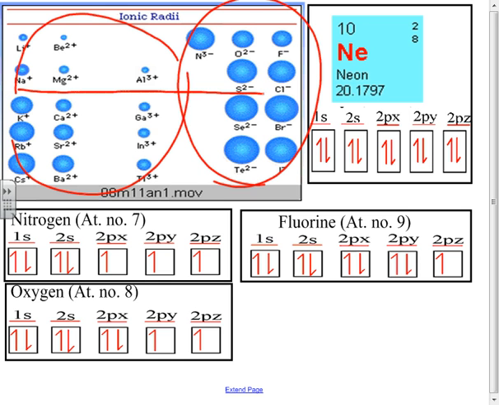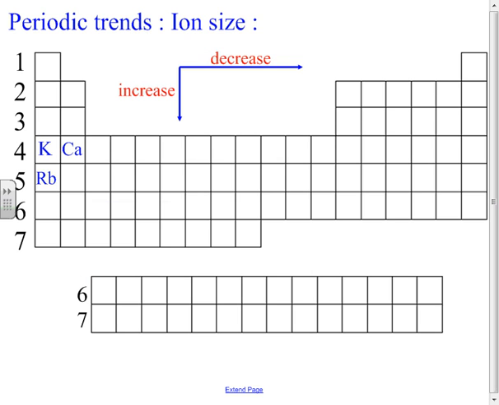In any one period, the positive or metallic ions decrease in size, the nonmetals decrease in size, but the nonmetals are always larger than the metals. The negative ions are always larger than the positive ions, again because negative ions gain electrons to become stable and the positive ions lose electrons to become stable.